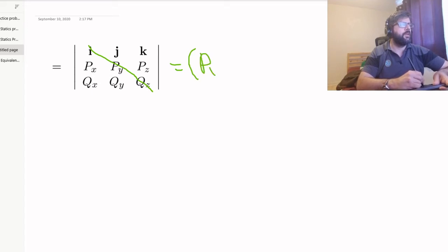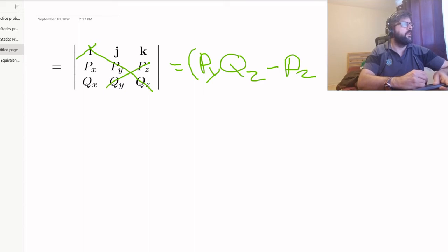And that'll be P y, Q z. And then we can also angle downwards, backwards, so going like this and then hitting the side and going like this. That gives us minus P z Q y, and that's our i component.